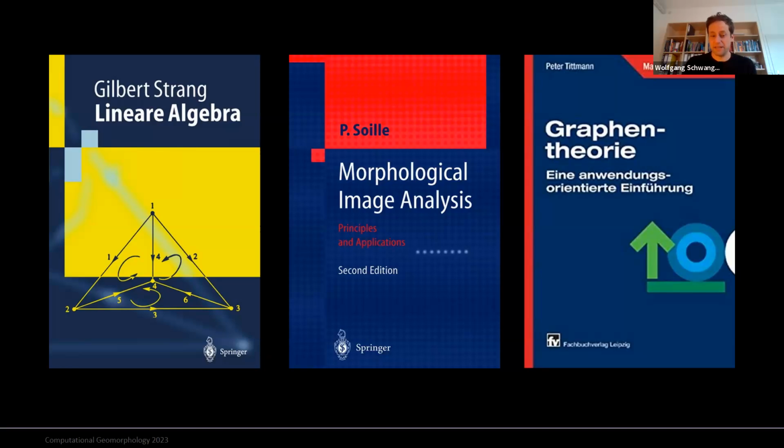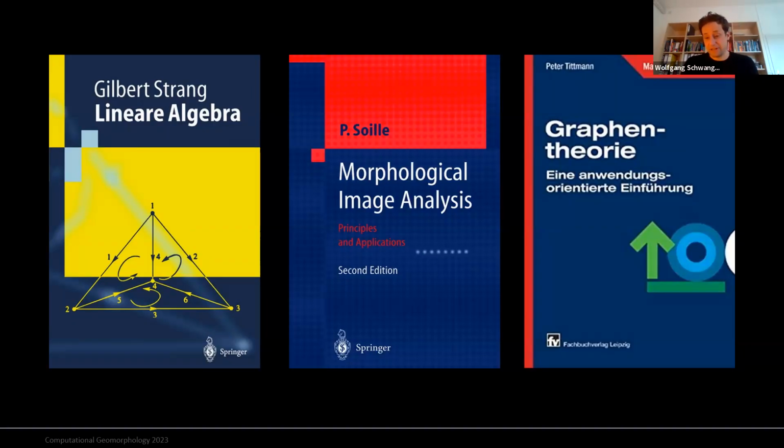I'd like to highlight here in particular, for example, the book by Gilbert Strang on linear algebra, which is really an accessible book for someone like me who didn't have much math in my studies. Then there's also the one from Pierre Soille on morphological image analysis. What's that? It embraces a lot of techniques from morphological mathematics, which is basically a set of filters, maximum filters and minimum filters, and distance transforms.